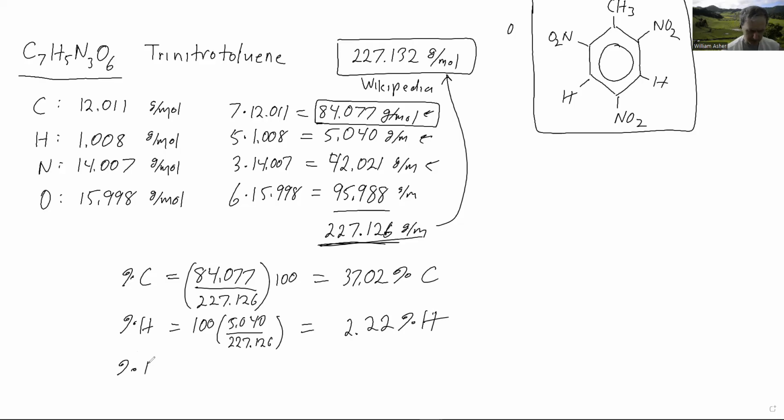Percent nitrogen is equal to 100 times 42.021 over 227.126.